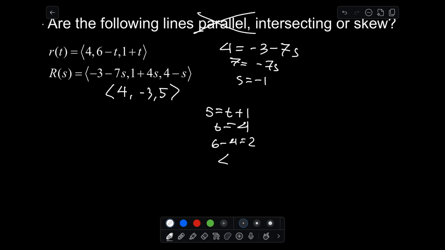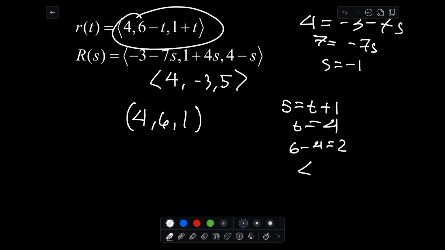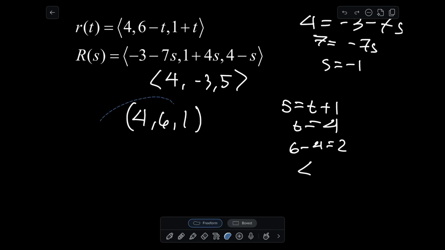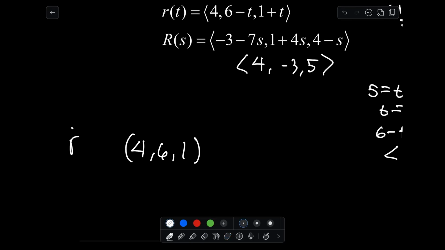What we can do actually is break this up into separate components, and we can do 4, 6, 1 as a point, because that's when t equals 0, as you can see for this, right? And then we can add in the other components, so it's going to be r arrow of t plus t of 0, negative 1, 1.